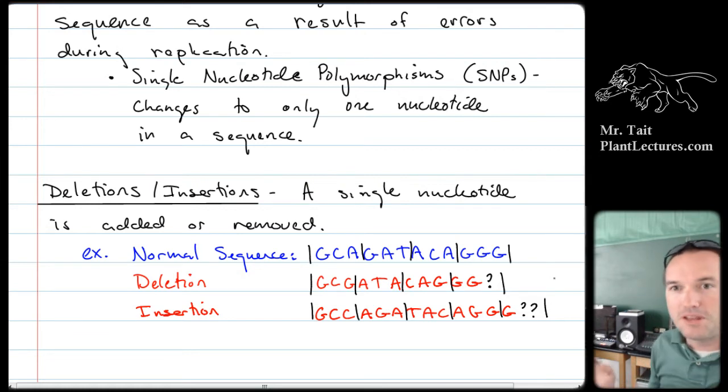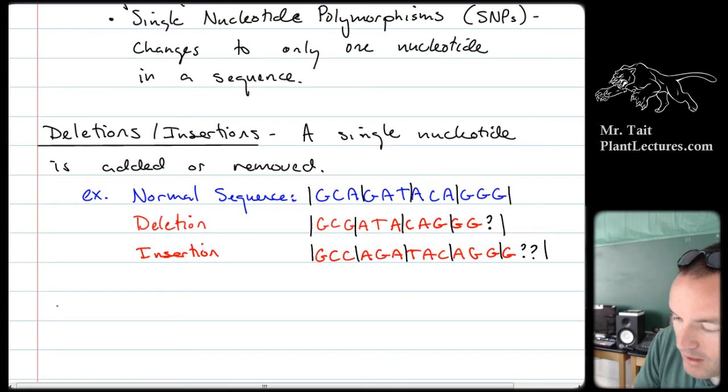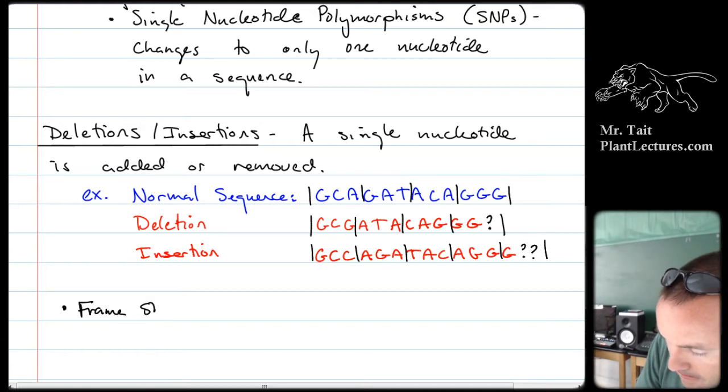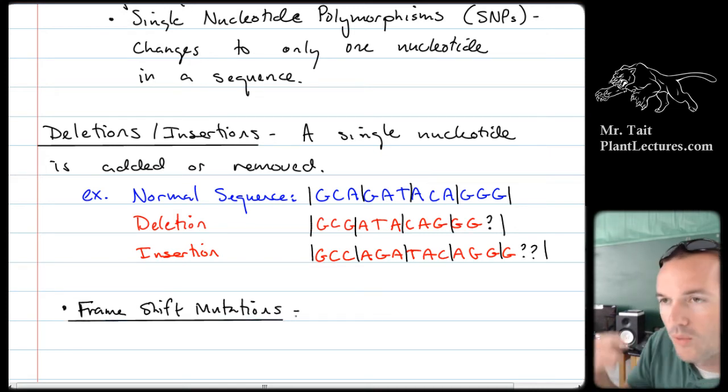It's going to be totally different, right? 100% different. So this is the result of something that's called a frameshift. Okay, so frameshift mutations are mutations where every single codon after the mutation is affected.